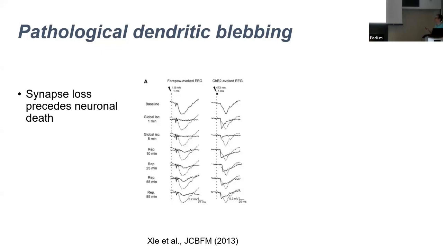But if you try to stimulate them by evoking some forepaw stimulation that would rely on synaptic connections, you can't do that. And so the neurons are alive, they've just lost their synapses. And so from a resilience standpoint, it's an interesting idea that this might be a way of sacrificing the part of the dendrite that's dying to keep the rest of the nerve cell alive.